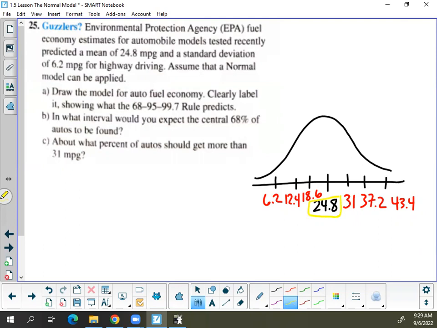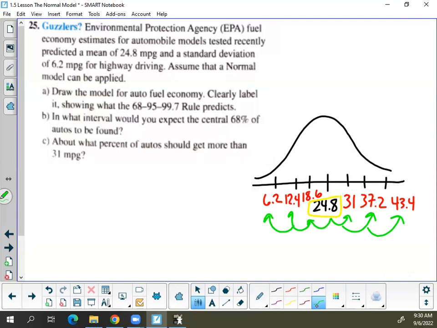And literally what that means is I'm going to add 6.2 and then 6.2 and then 6.2. And then I'm going to subtract from my mean 6.2 and then 6.2 more and then 6.2 more. And that will give me 3 standard deviations above and below the mean.